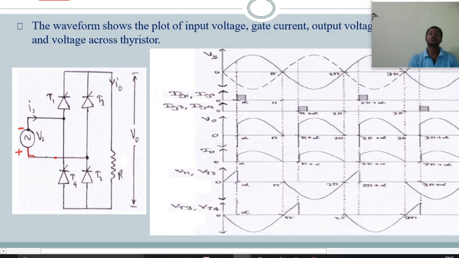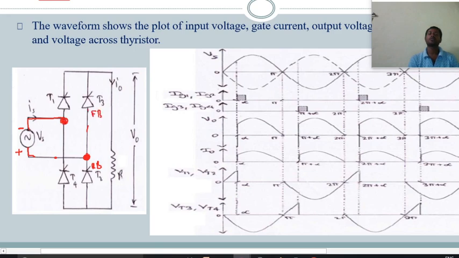This is the positive point which is connected to here, and the negative point which is connected to here. So this is positive with respect to the cathode, this becomes reverse biased, and this is positive with respect to the anode, so this is forward biased.